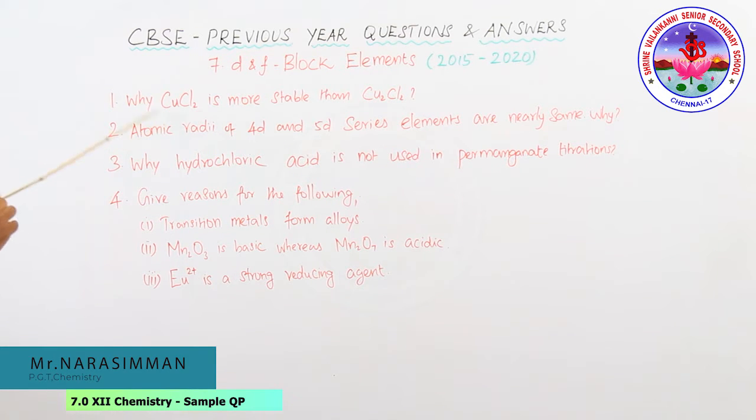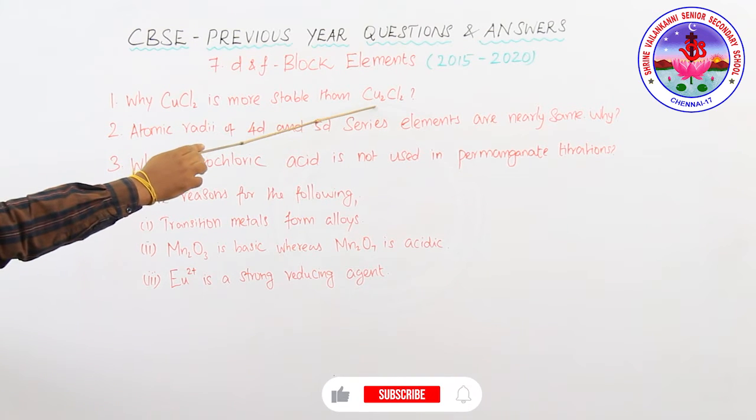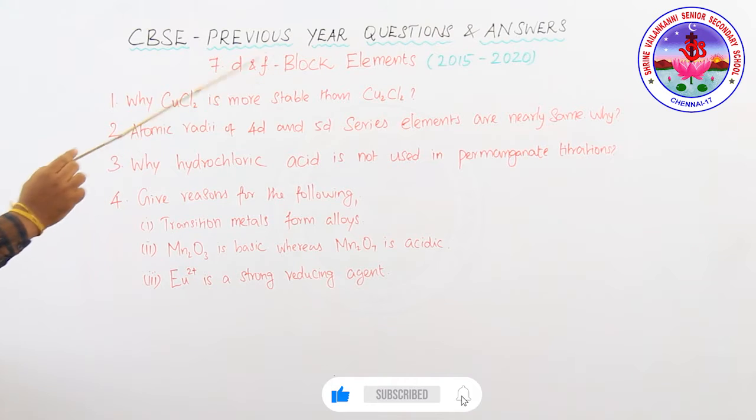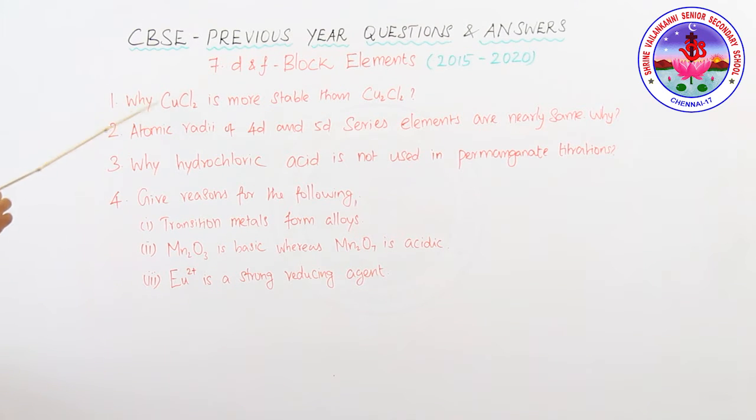Copper +2 is usually considered a transition element, while copper +1 is not considered a transition element because of the completely filled d orbital, and the absence of unpaired electrons. That is why this is more stable.